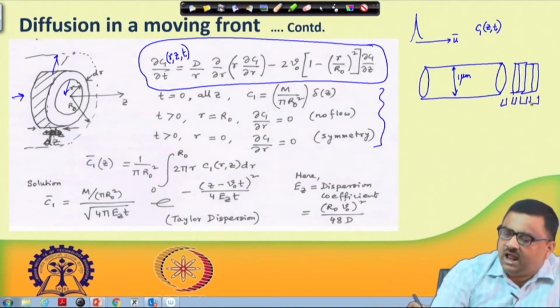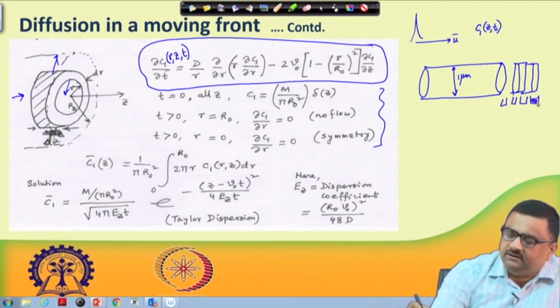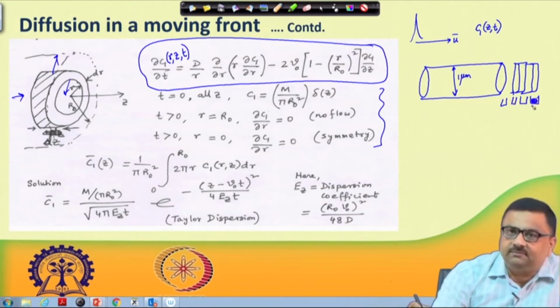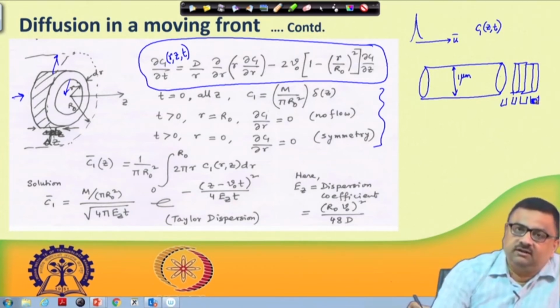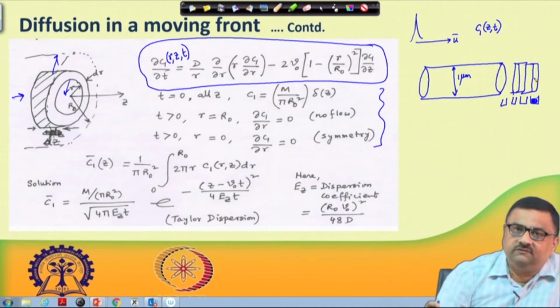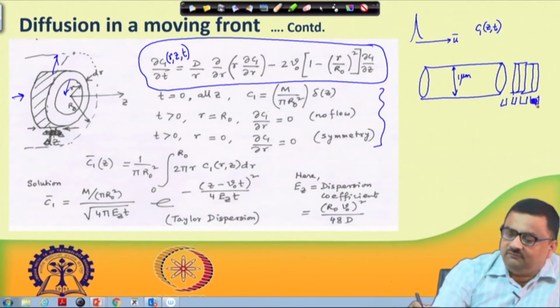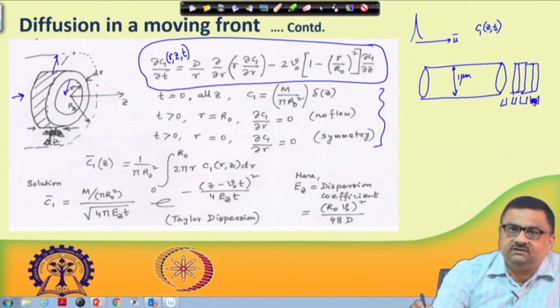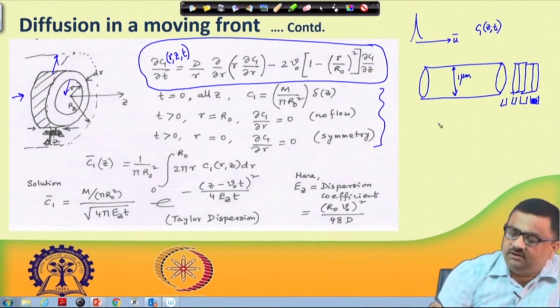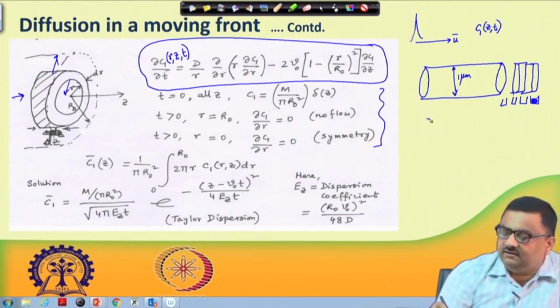Whatever is collected in a cup is all mixed up, and that concentration we can measure by putting it in a UV-Vis spectrophotometer, or measuring the refractive index, or some other way. But I have to collect it in a cup, and there has to be some substantial volume to do this measurement.